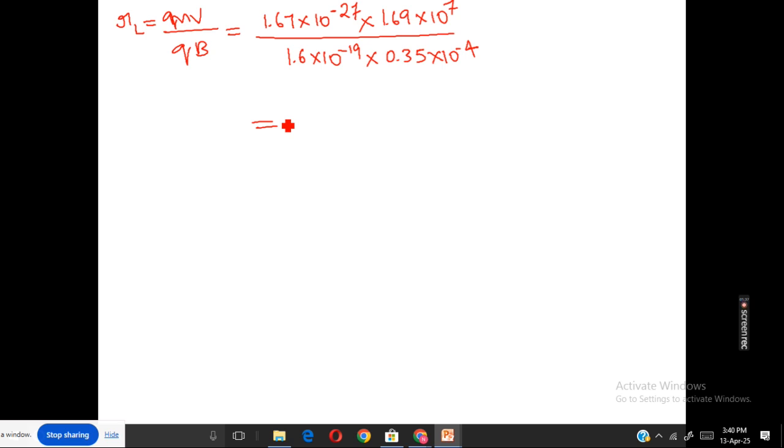The answer will be 1.67 into 10 raised to minus 27 into 1.69 into 10 raised to 7. It will give you 2.82 into 10 raised to minus 20 divided by 1.6 into 10 raised to minus 19 into 0.35 into 10 raised to minus 4.